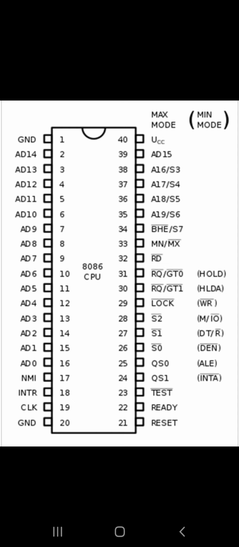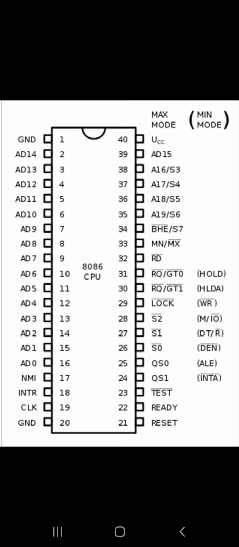And if the value of the ready pin is 0, that means that device is not ready, it cannot accept data. Maybe it is still accepting some previous data that has been sent by the 8086 microprocessor. So the ready pin is used for maintaining synchronization between the devices that are attached with the 8086 microprocessor.